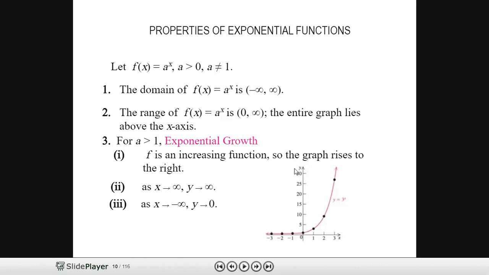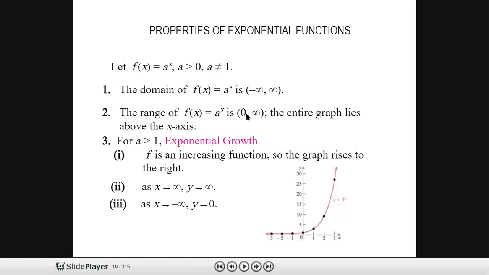So from this, every exponential function has the domain minus infinity to plus infinity. The range, or the codomain, of this function is 0 to infinity, because it's an exponential function with a positive a, and a should not be equal to 1.